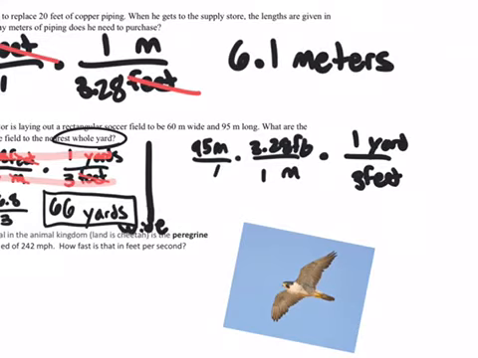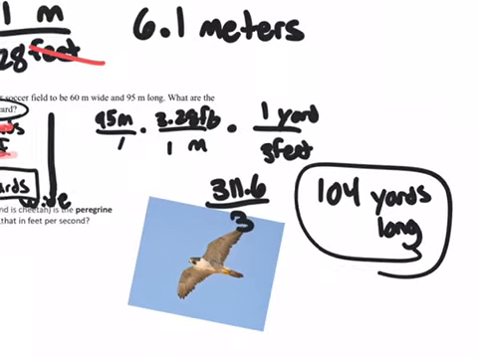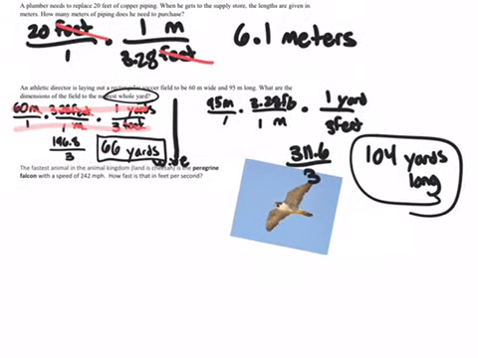We have 95 times 3.28 to get 311.6 divided by the 3 in that denominator. And we get 103.8, so I'll round up to 104 yards long. All right, so those would be the new dimensions: 66 yards wide, 104 yards long.